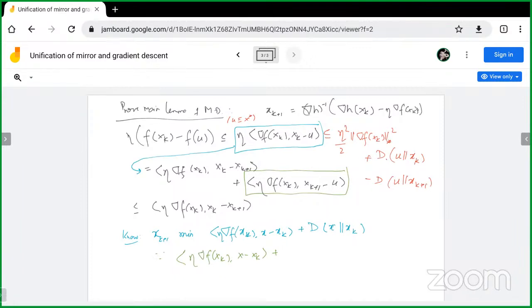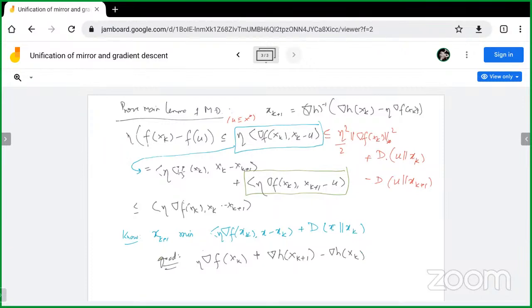It's eta times gradient of f plus gradient of h at x minus gradient of h at x_k, and that's the gradient at x_k plus 1.